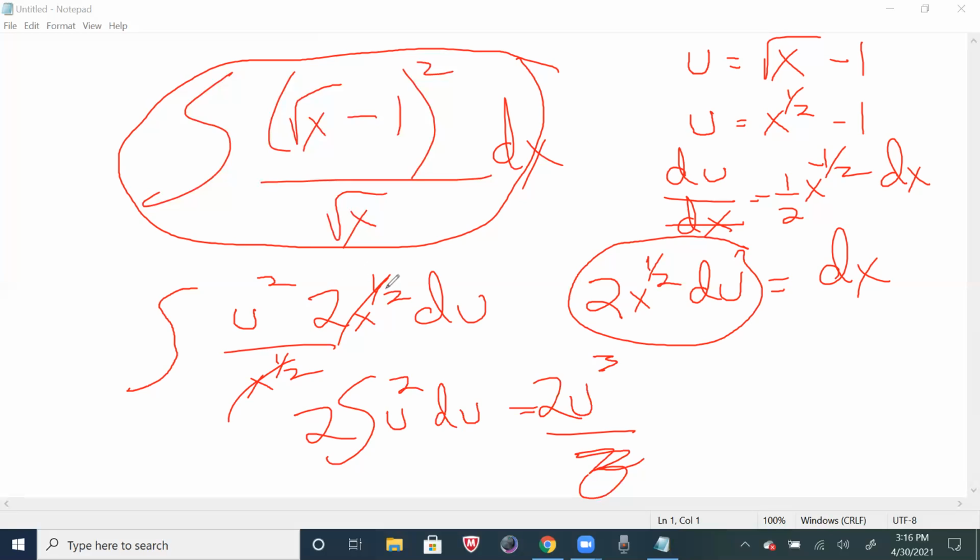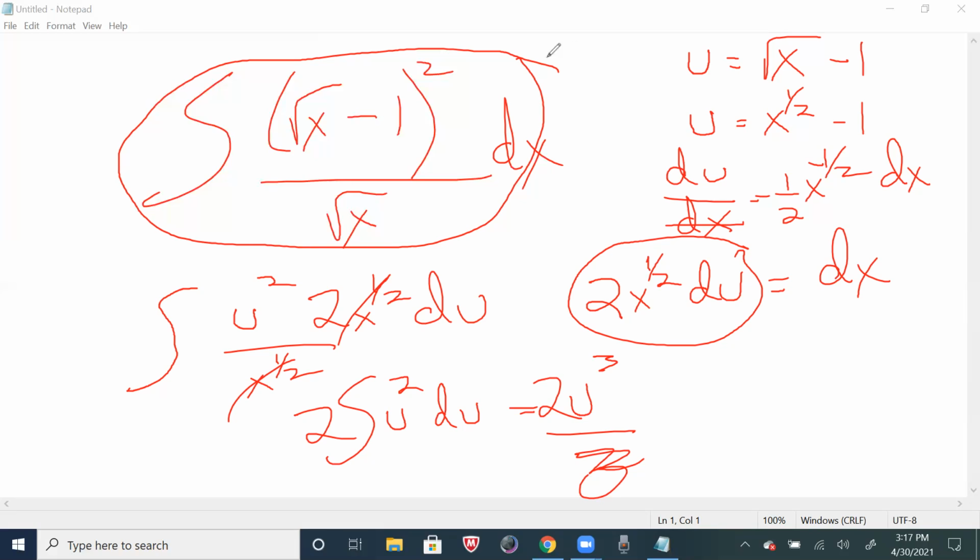Notice that the x to the 1/2 cancel. That will always happen. If it does not, then it is not a u substitution problem. It's some other kind of integration problem.